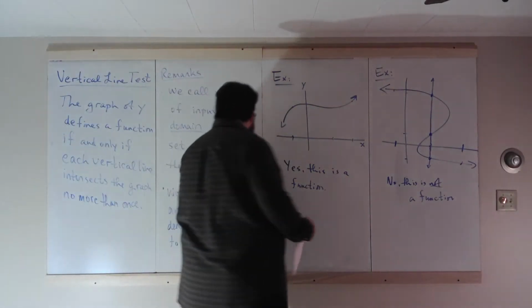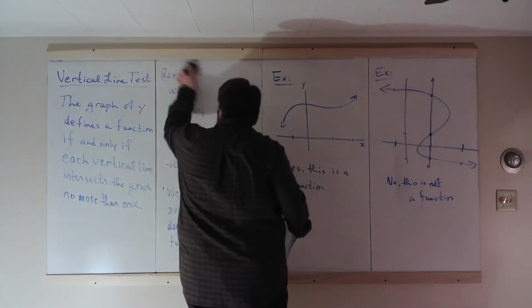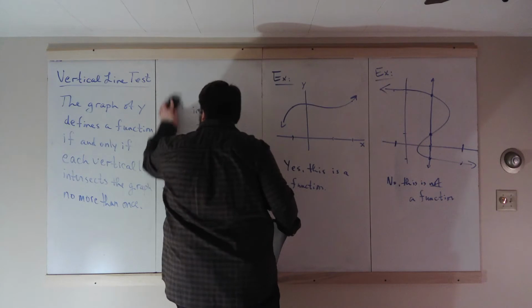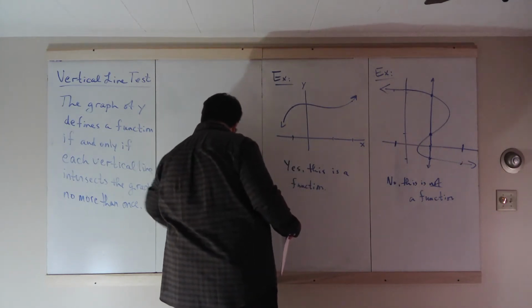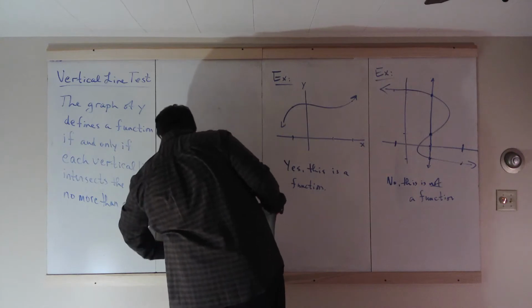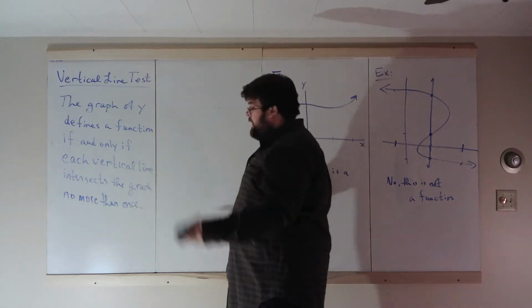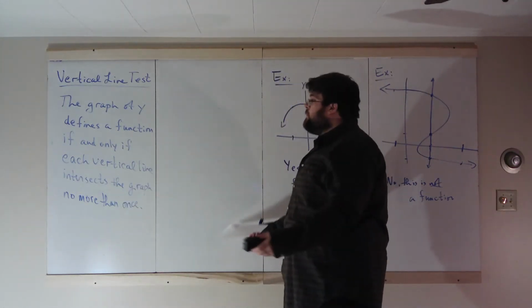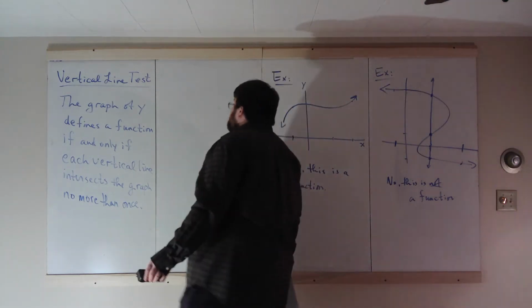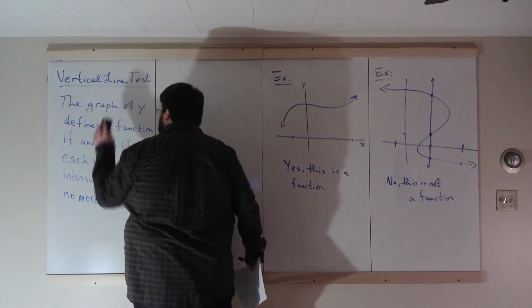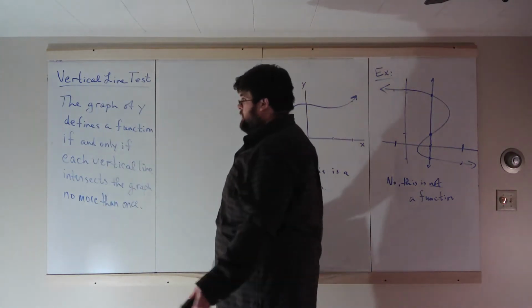Now in that statement there's the phrase "if and only if." In math, "if and only if" actually says two things. I'm not going to ask about how to logically interpret "if and only if." "If and only if" in math is used to describe two different things which are logically equivalent.